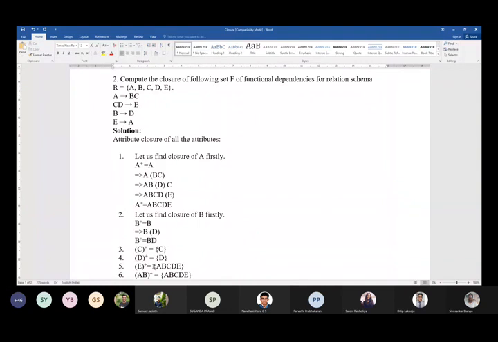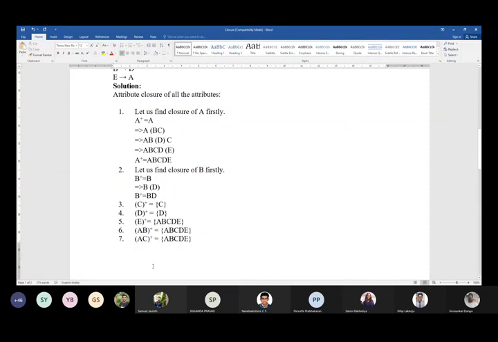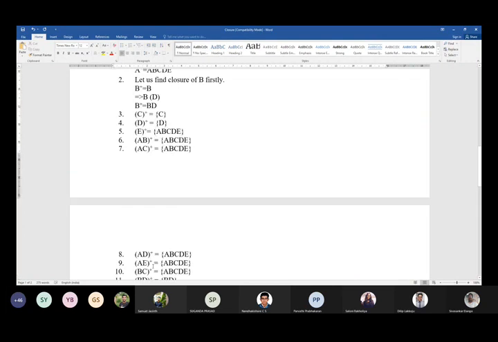Here it's quite simple, right? Since you know that A closure is going to be all the elements in the relation, AB closure is again all the elements in the relation, AC closure is again all the elements, AD closure will be all the elements, AE closure is also all the elements in the relation, right?